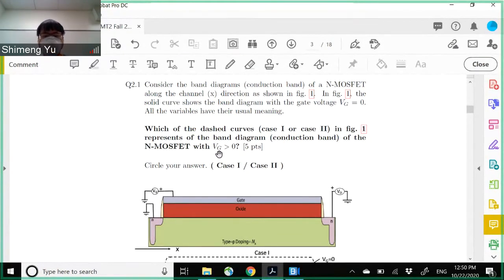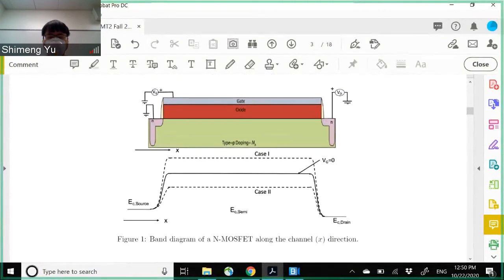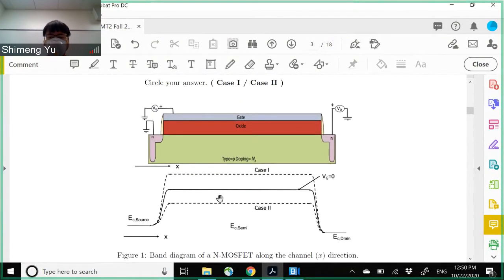So here we are going to show the MOSFET band diagram. When the gate voltage equals 0, that's the solid line here, this one. Then we show case 1 and case 2. So the question is simple, just choose which case represents when the gate voltage is larger than 0. Just choose 1 or 2.